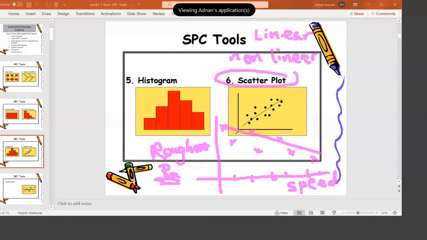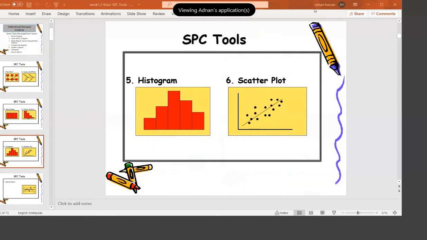The line might not be like this, you might get a line maybe like this. So this is why we have to test the shape of the relationship. For now we just assume a simple relationship with a straight line, but you may have a relationship like this.